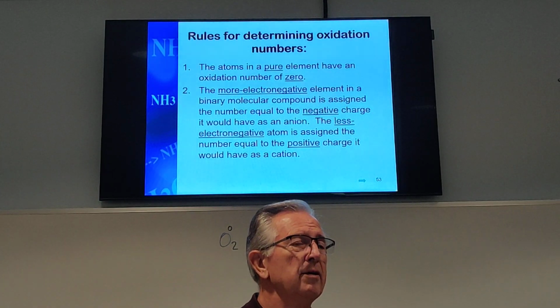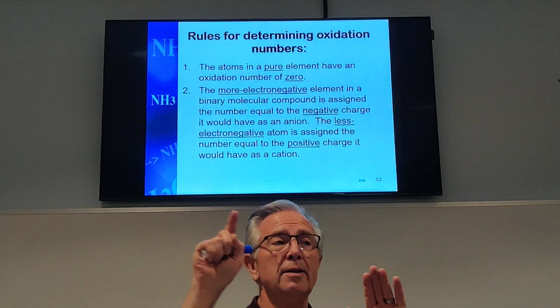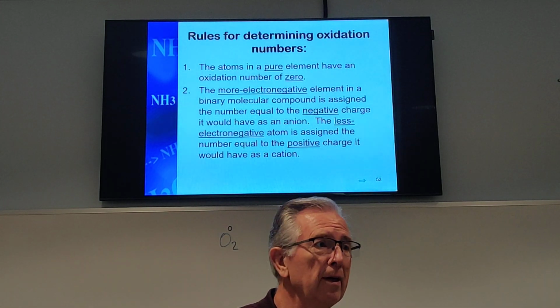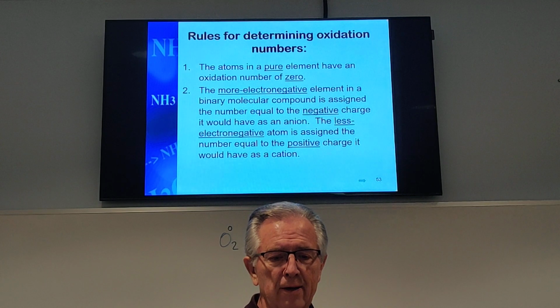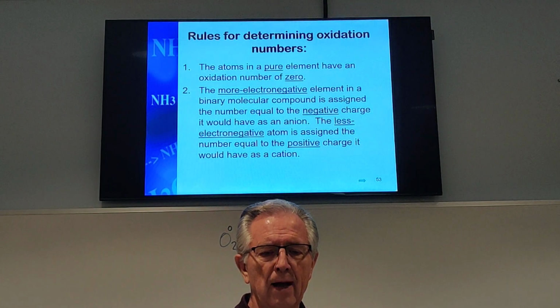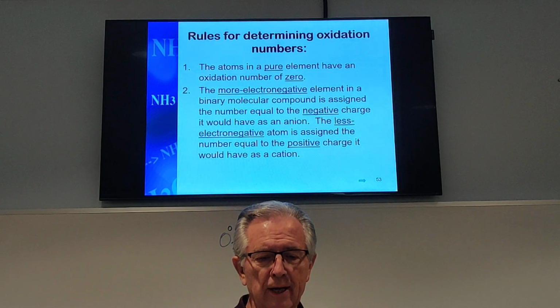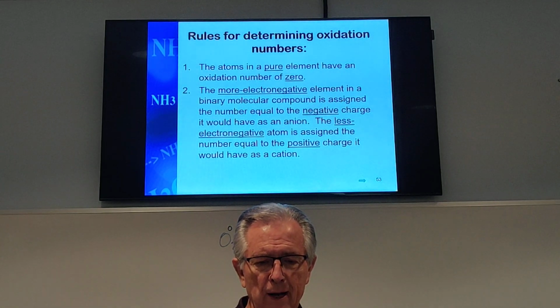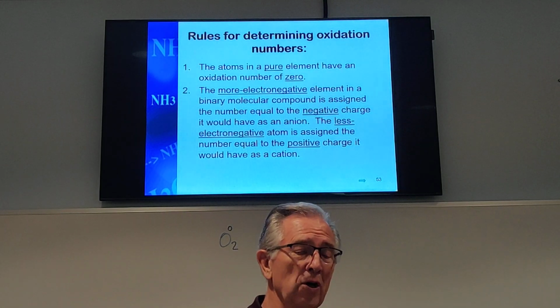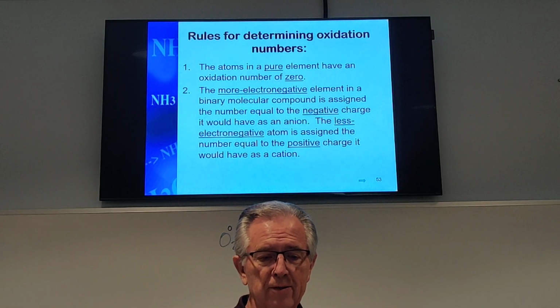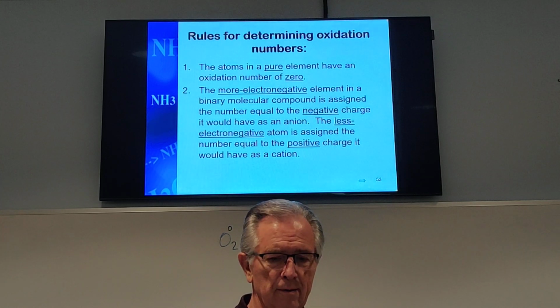It's only when it's bonded to a different element with a different electronegativity that it will have a different oxidation number. Now, the more electronegative element in a binary compound is going to get the negative charge, and the less electronegative one is going to be assigned the positive one.